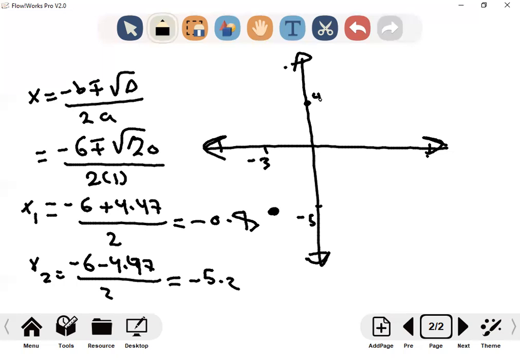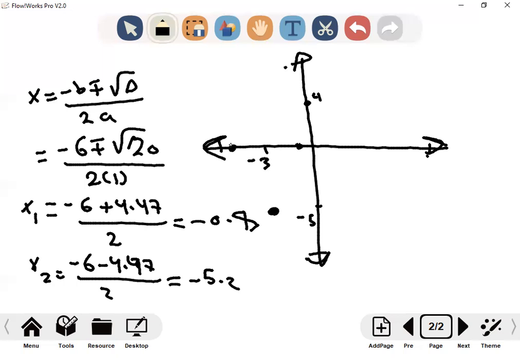Negative 0.8, focus, negative 0.8 is between 0 and negative 1 but it's close to negative 1. Got it? So if this here is negative 1, beside it here it will be negative 0.8, right? The second one negative 5 point something, negative 5.8, meaning after negative 5 a little bit, assume here.